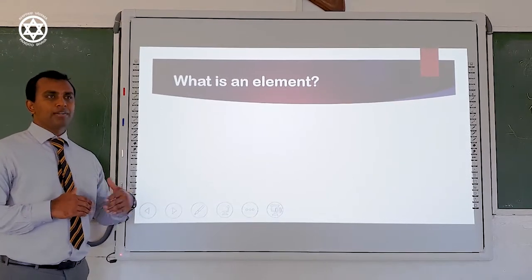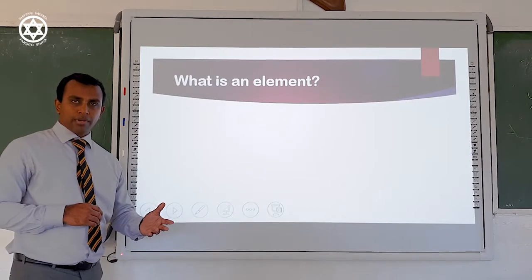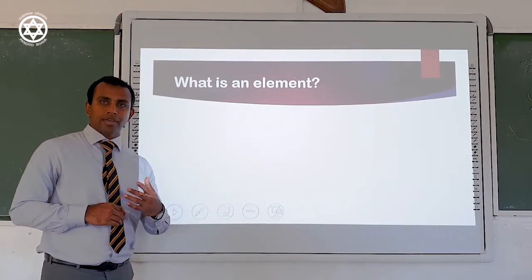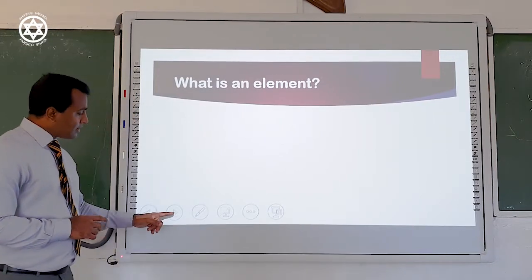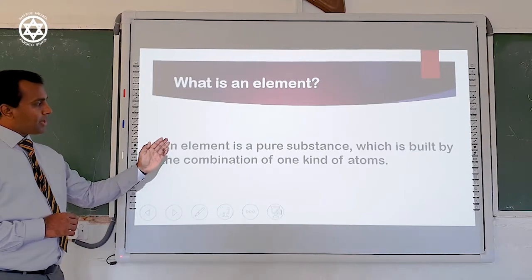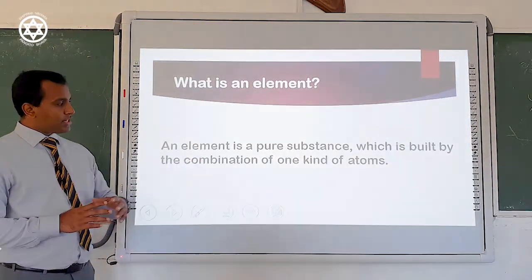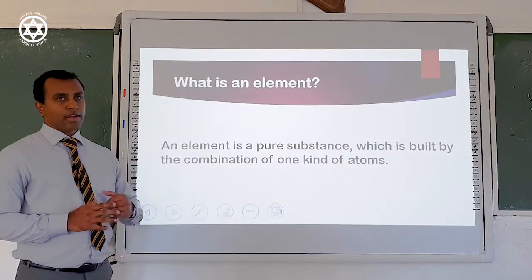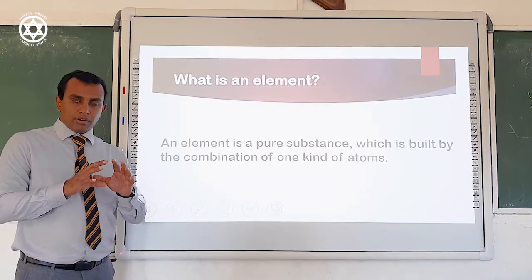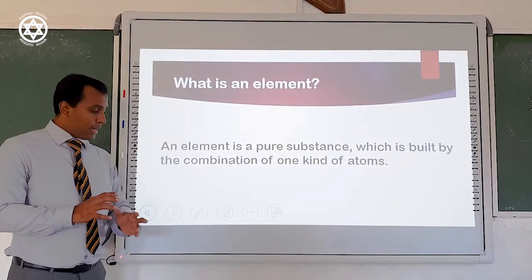As an example, hydrogen is an element, oxygen is an element, nitrogen is an element when you take them individually. So that is the definition of an element. An element is a pure substance which is built by the combination of one kind of atoms. If you take hydrogen, the element is composed of the same kind of hydrogen atoms, right?